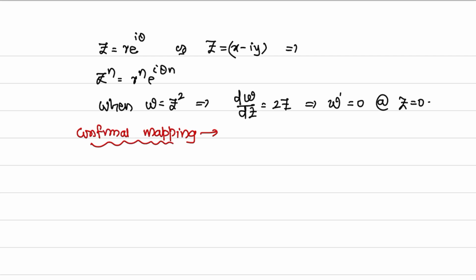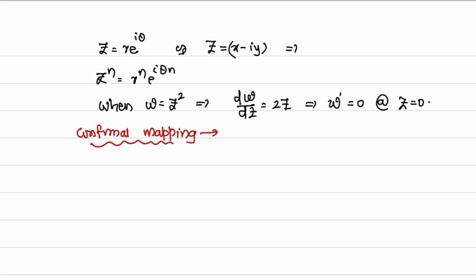In conformal mapping, at every point dW by dz should not be equal to 0.